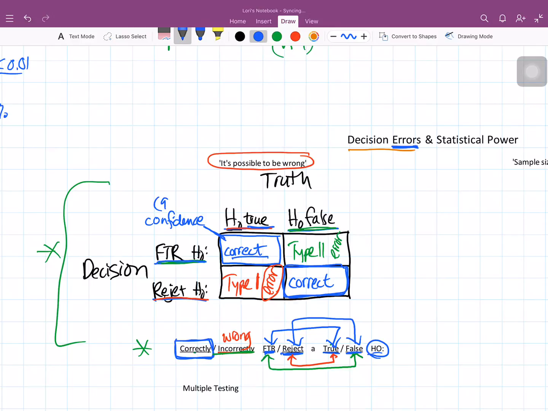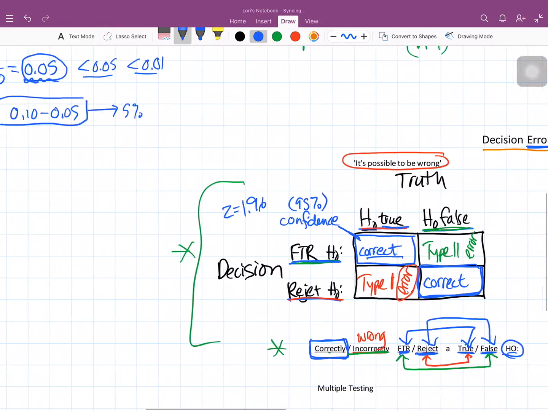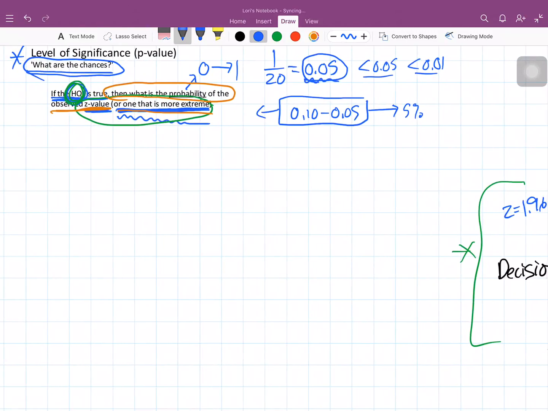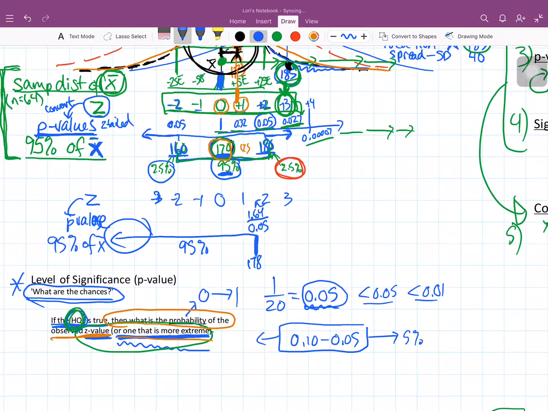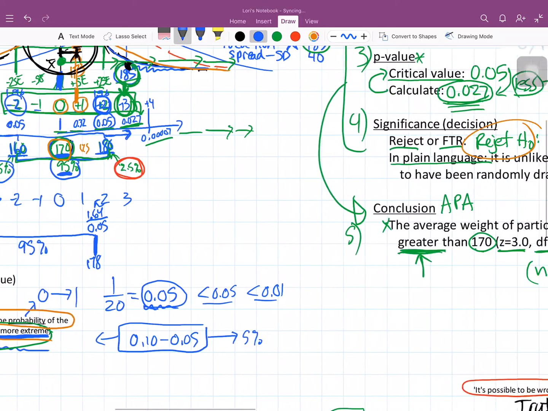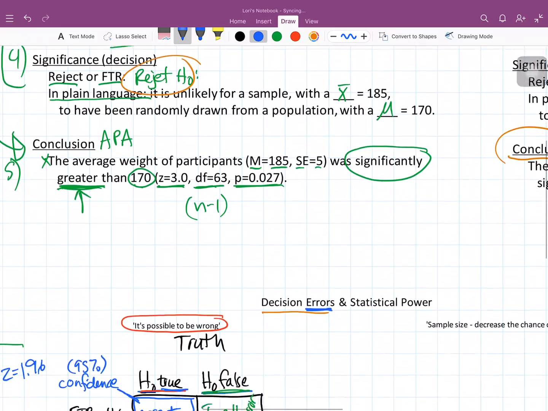This is our 95%, that middle area where we're pretty sure we made the right choice. And the z-value that goes along with that is 1.96. Remember, when we were creating this table, we used the number 2, but this really is 1.96. It's so close to 2 that it's easy to round it. So technically, the true z-value for that position is 1.96, just so you know, if you see that number in the future.